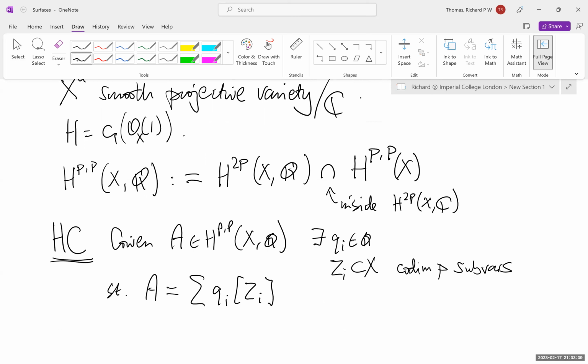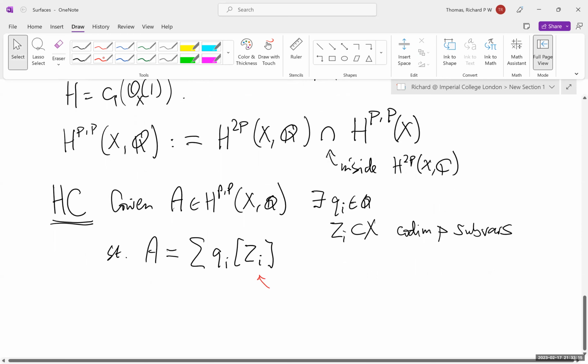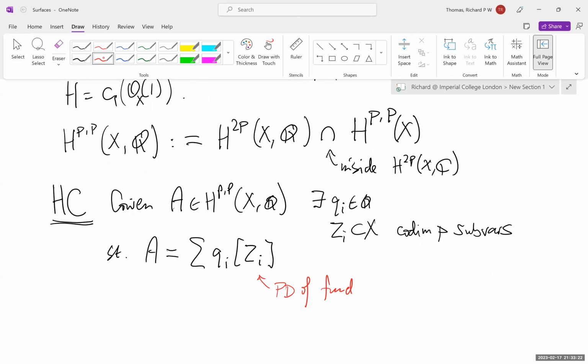So maybe I'll just remind you this is essentially the Poincare dual of the fundamental class of the Z_i.